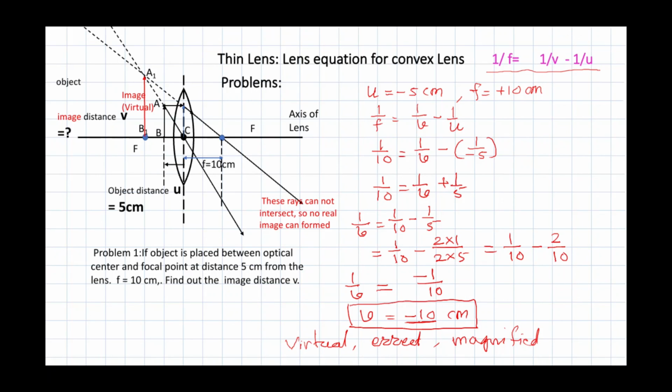So that is to be noted. Now here we clearly see this is the original image, and the magnified image, that means larger, we get here. Its application is the simple microscope. That means we use a single convex lens for magnifying any object, and that acts as a simple microscope. So you should remember that.